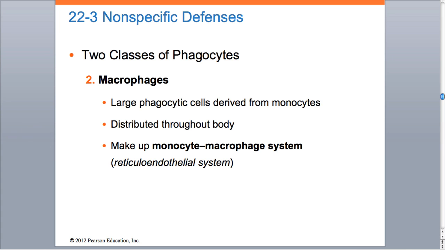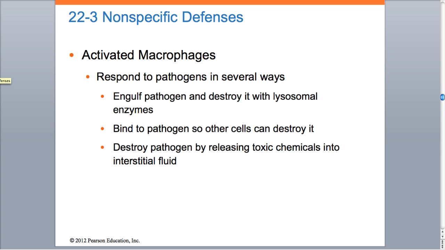Now what's going to happen? You're going to activate these macrophages. Now, this slide here is a summary of what that macrophage will do. It will engulf the pathogen, destroy it using lysosome enzymes, those digestive enzymes you learned in 2401.